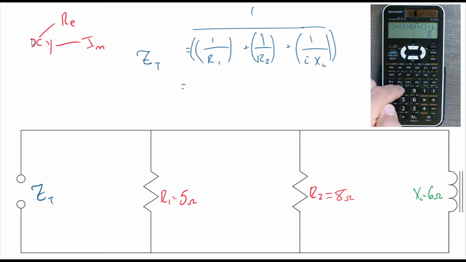So we press that little I, 6. That's our last value. Close the bracket, and I get my 2.7378 ohms as my total impedance.